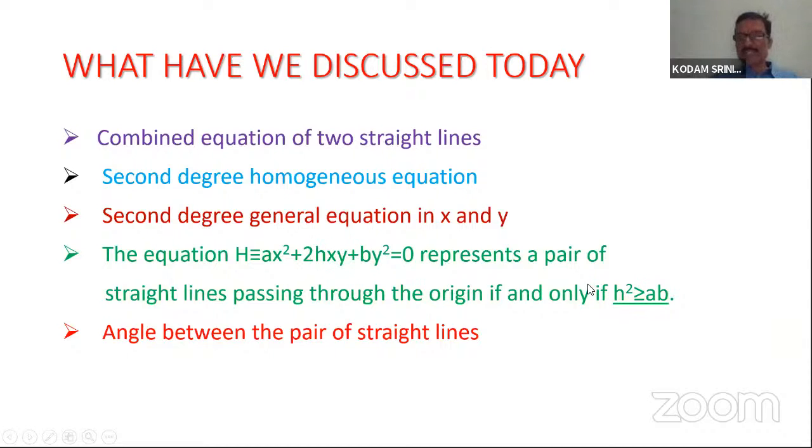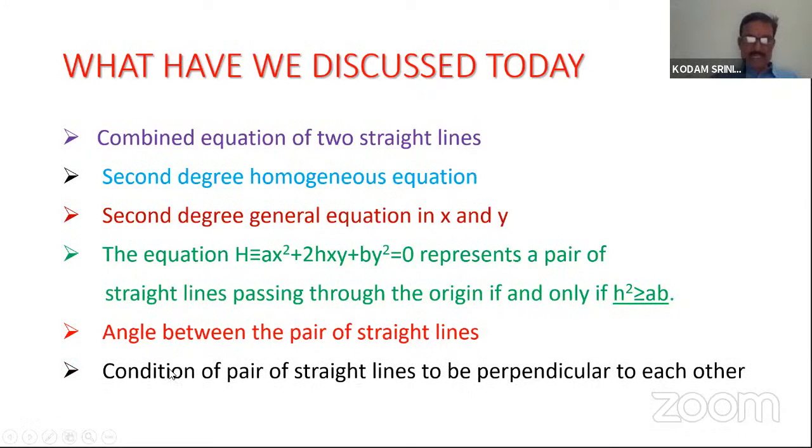We have proved the condition h square greater than or equal to ab, and again in the converse part we have taken that condition and proved that this equation represents the pair of straight lines. At last, we have derived the formula for the angle between the pair of straight lines, and the condition for the pair of straight lines to be perpendicular.